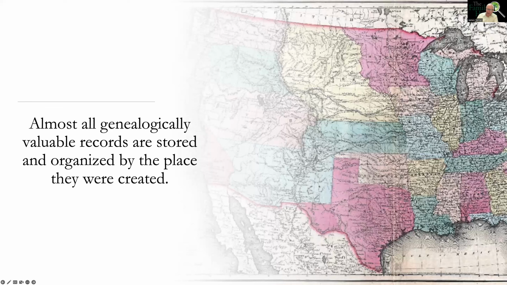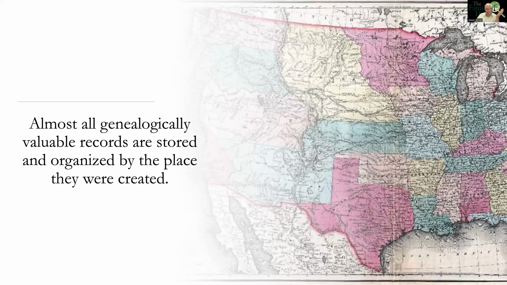Now, what if you don't have that? I see that very frequently. I see people who come to me and say, I'm looking for my immigrant ancestor. And I say, well, where was he from? Well, he came from Italy.